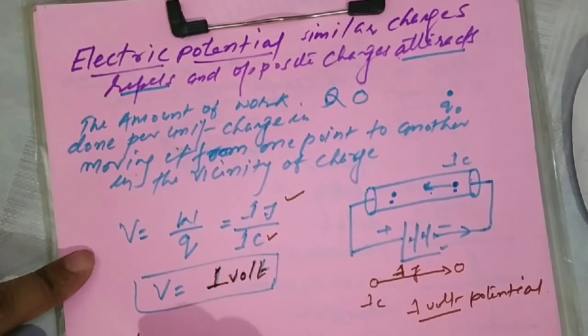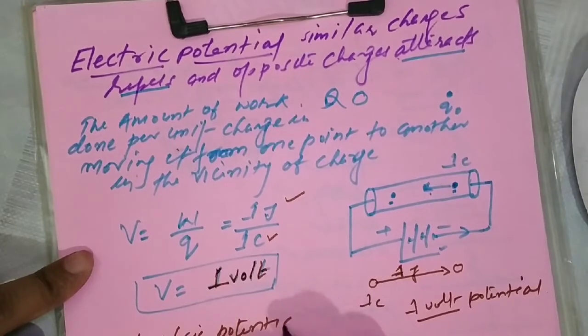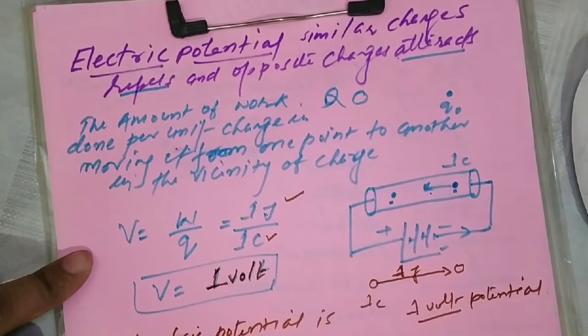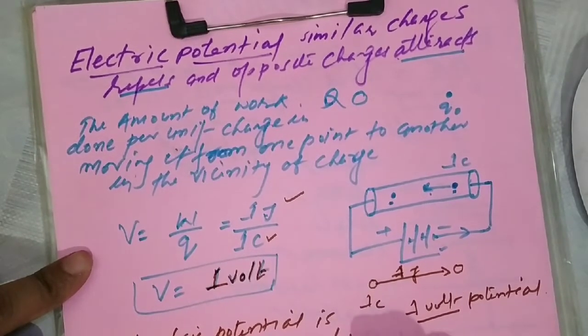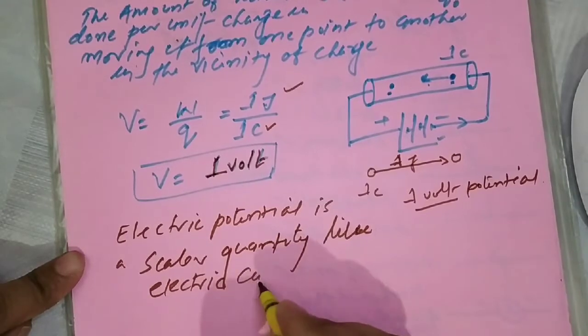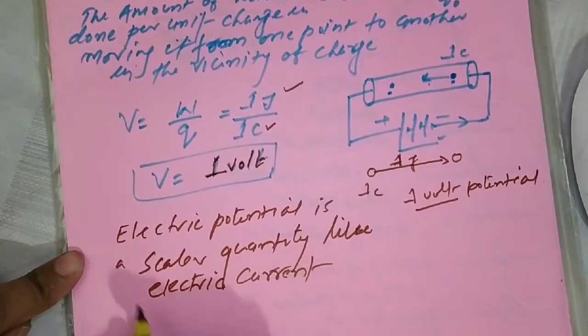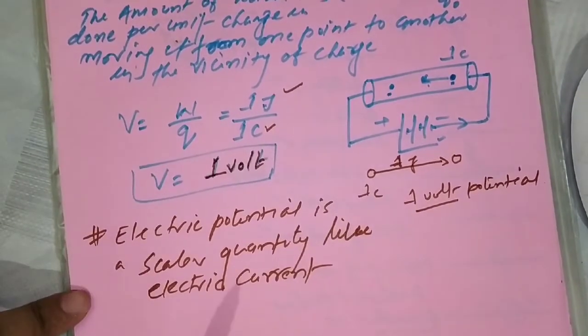Electric potential is a scalar quantity, like electric current. Electrostatic potential is a scalar quantity.